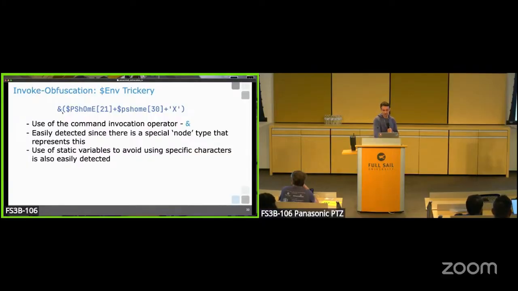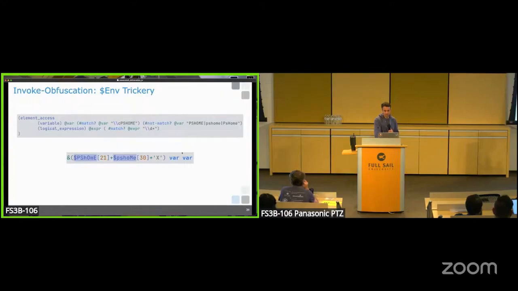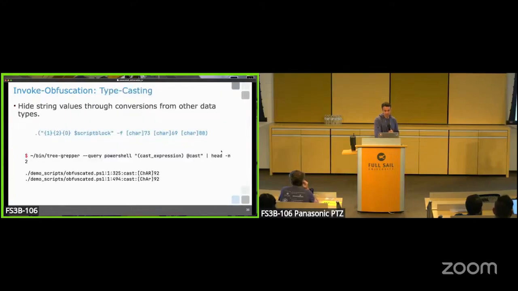You can look for the command invocation operator with a pipeline of concatenated strings, including variable names. And you can use typecasting also to try to mess with the data types. So you've got a format string, but you're going to build the actual characters by casting integer values up. Super easy to find character casting as well.